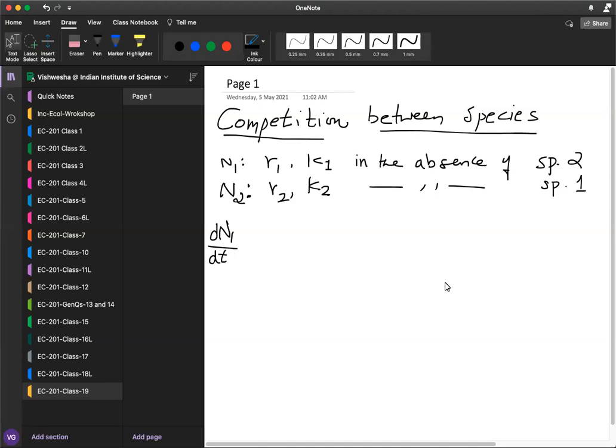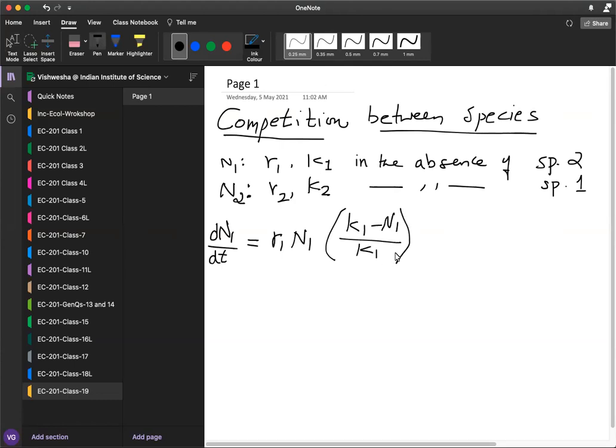So we are assuming that species 1 reaches a carrying capacity K1 in the absence of species 2, and we can write that in the following form.